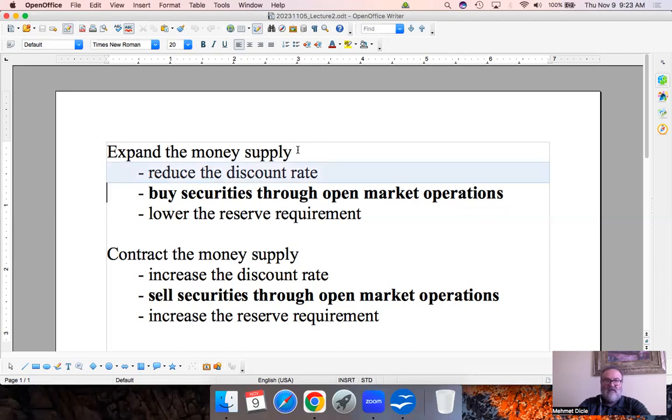One of the things that they can do is to reduce the discount rate so that the deposit institutions can borrow more because it gets cheaper to borrow, and therefore that creates more borrowing, and therefore it creates money. And then we have the main focus of our discussion, to buy securities through open market operations. And I'll go through that in a minute.